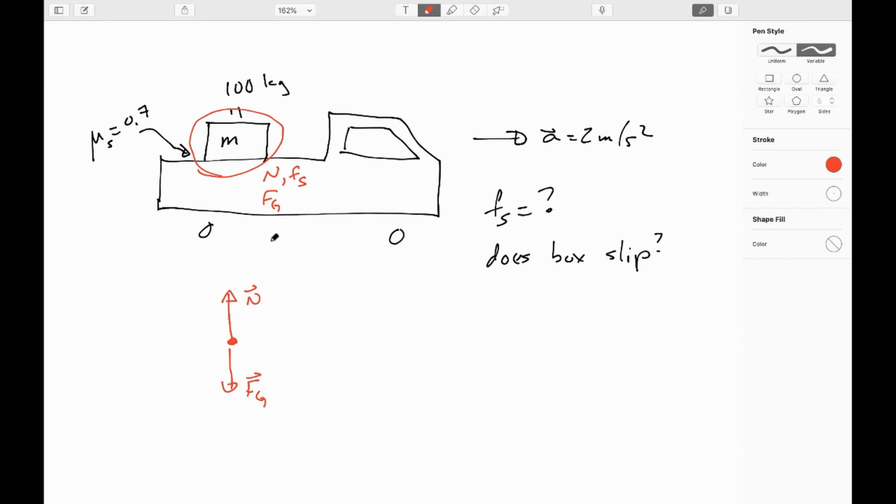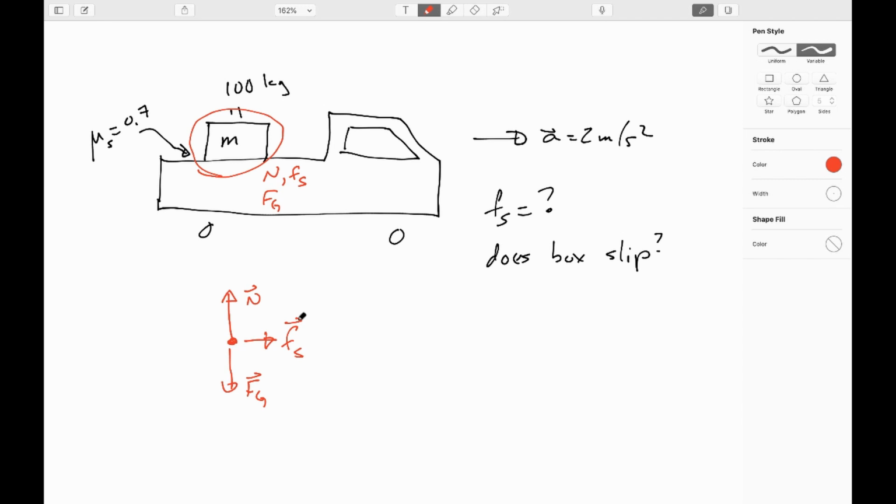Okay, perhaps counterintuitively, the force of static friction has to point to the right. And this is because since the truck and box are both accelerating to the right, it's literally the only force we got left. And so what's making the box go forward? The friction between the truck bed and the box.